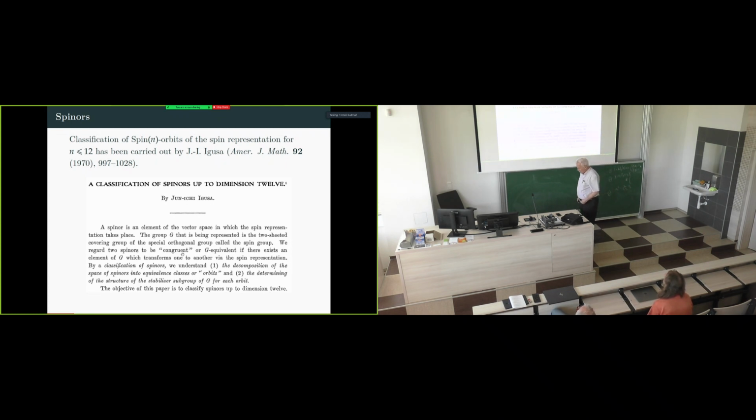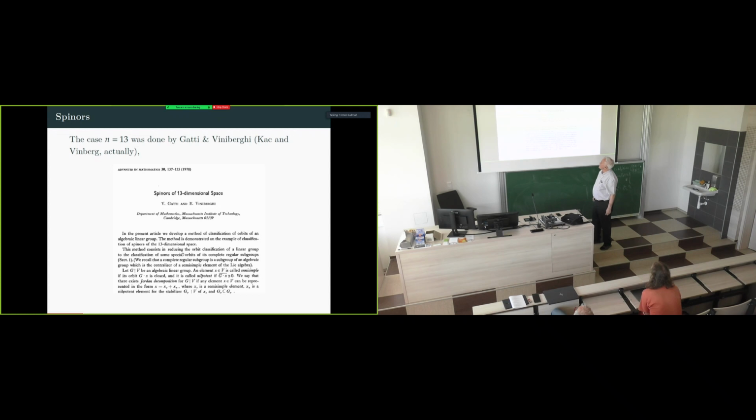It has a fairly long history, which starts maybe more than 100 years ago with the paper of Cartan, with a geometrical point of view, and Chevalley, with an algebraic point of view. But the classification of full orbits started with the American mathematician Igusa in 1970, and he classified up to dimension 12.